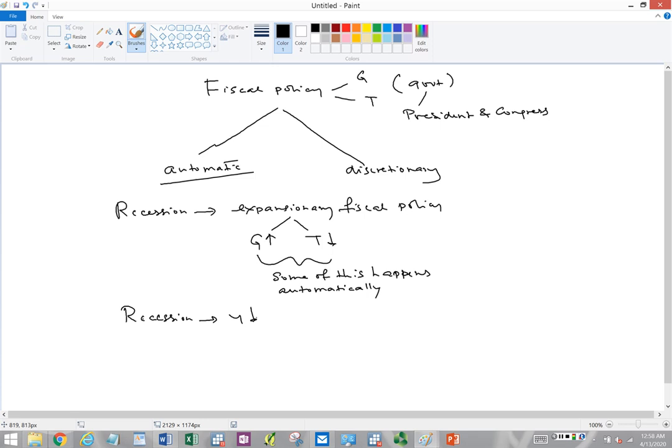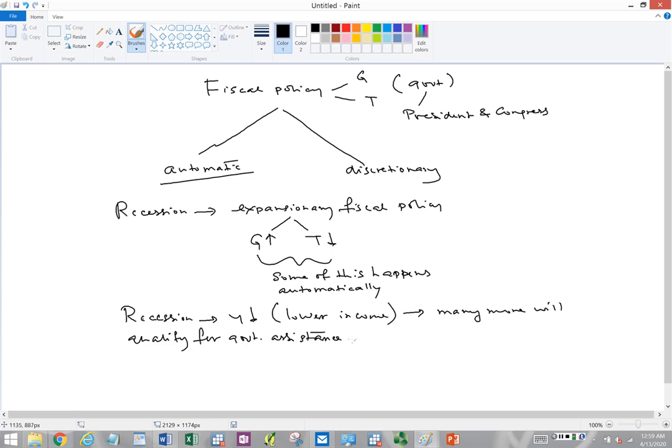So with lower income, in other words, many people are now poor, many more will qualify for government assistance. You see, consider welfare, government welfare payments. You can only receive these if you are poor. So the point here is that in a recession, more people become poor, become eligible for government assistance, right?